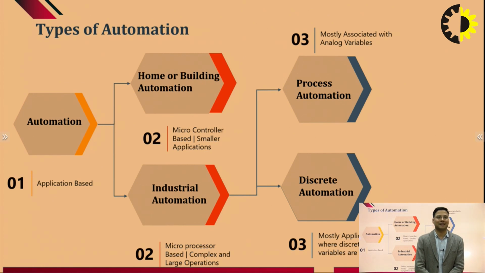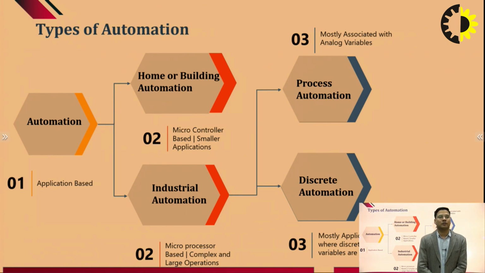Let us take an example of microcontrollers. We know that microcontrollers can be reprogrammed, but they have certain limitations related to humidity, environmental constraints, repeatability constraints, and speed of accessing or responding. These have been overcome in industrial automation, where we use more microprocessor-based equipment for more complex and large operations.